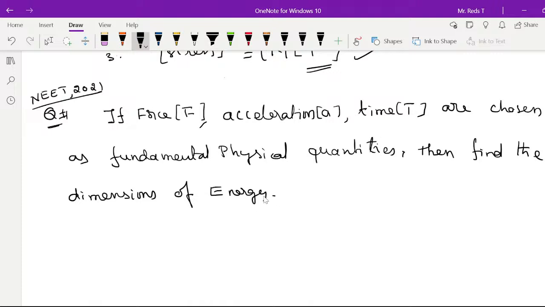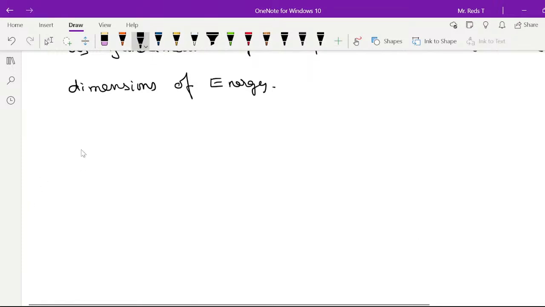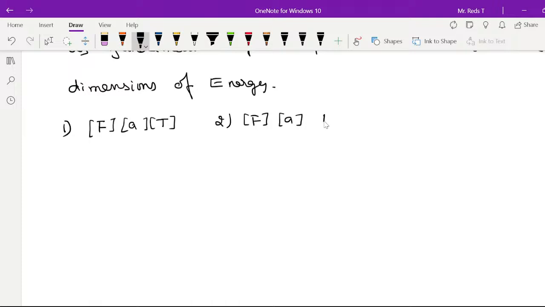Right. You can note down the options as well. You can write down the options. First option is given as [FAT]. The options are given like this in square brackets, [FAT]. Second option is [FAT²].